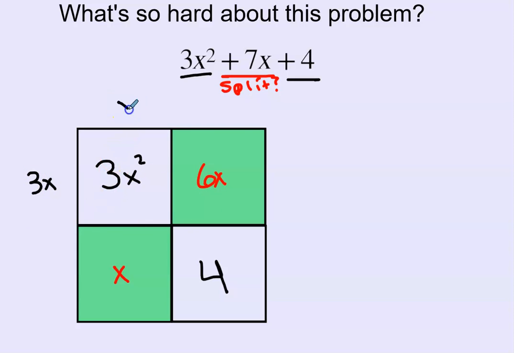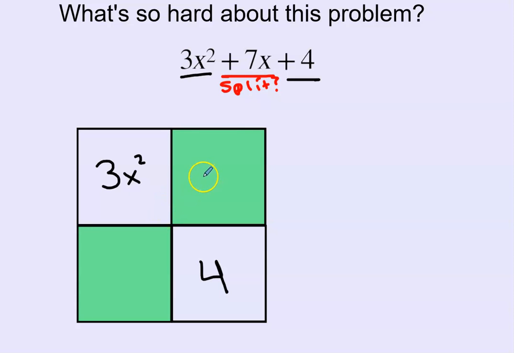And then this would have to be x. This would have to be 1, because x times 1 gives me x. And now look at this. 3x times 2 gives me 6x, but 1 times 2 does not give me 4. So this whole thing got messed up because of these two red boxes that I put. Maybe let me try something else.